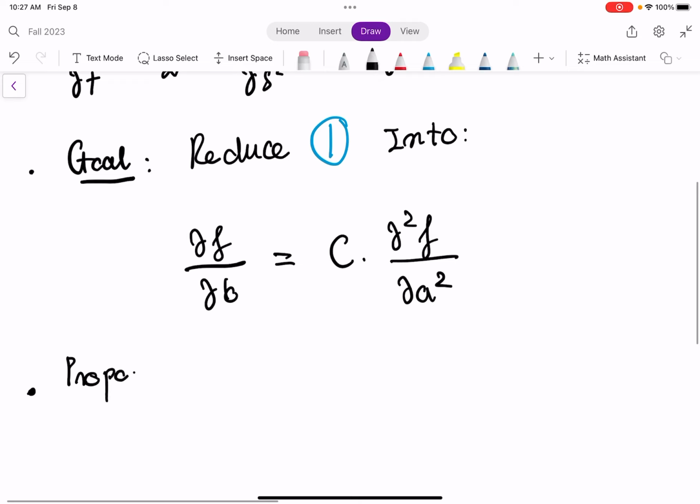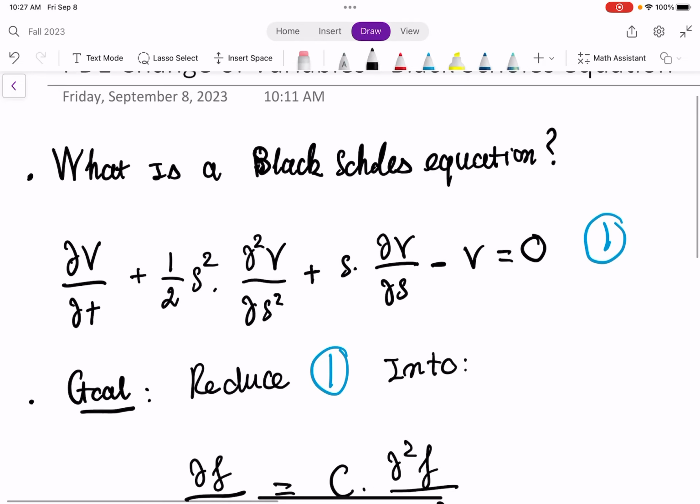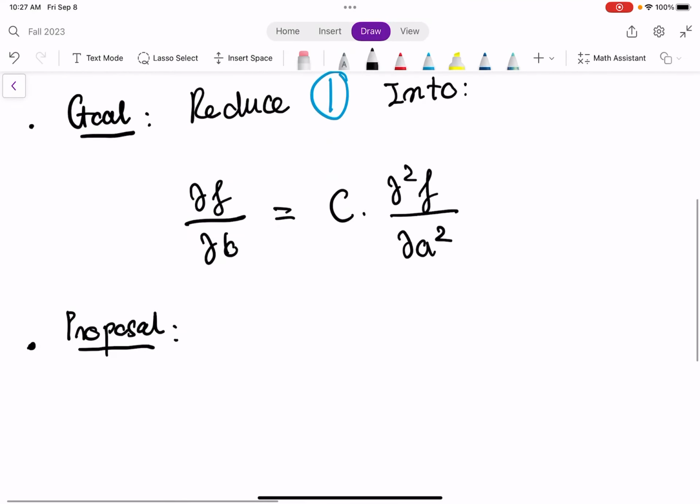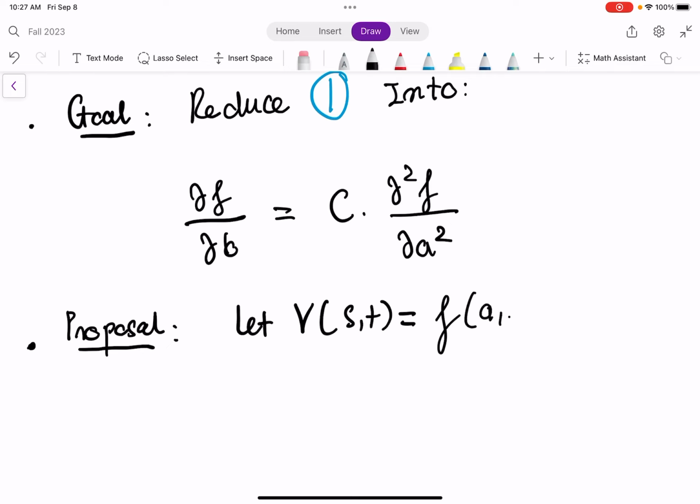Okay, proposal. So what is the proposal? What can we do with 1? So we know that v is a function of s and t, right? Like based on the Black-Scholes equation. So our proposal is, let v, originally a function of s and t, be converted into a multiplication of functions: a function f of a and b times g as a function of a and b.